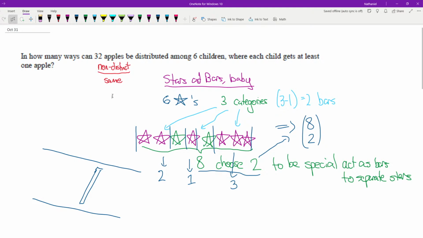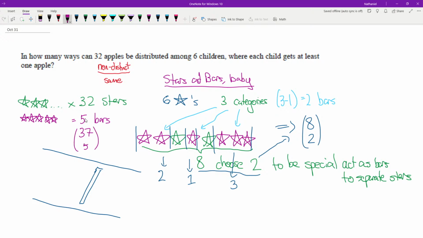This would have been hard to draw, but the math is going to be the same. So we're going to have 32 stars laid out. We have 6 children, so that means we have 5 special stars. That's 5 bars, so that's 37 total, and we have to choose 5 of them to be bars, these separators.